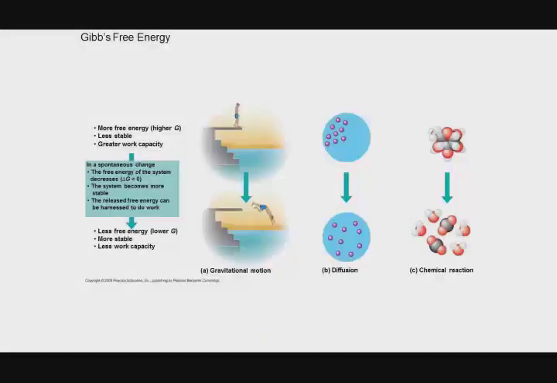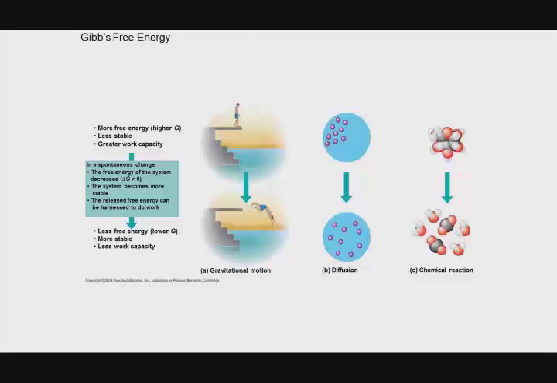So you can have a diver on top of the pool, but you can't do anything with that diver until you push him overboard. Now, when you push him overboard, now you can potentially harvest energy from that. Or look at diffusion. If you have a concentration gradient, you can basically use that to harvest the energy of that gradient dissipating, moving from a high concentration to a low concentration, to equilibrium.